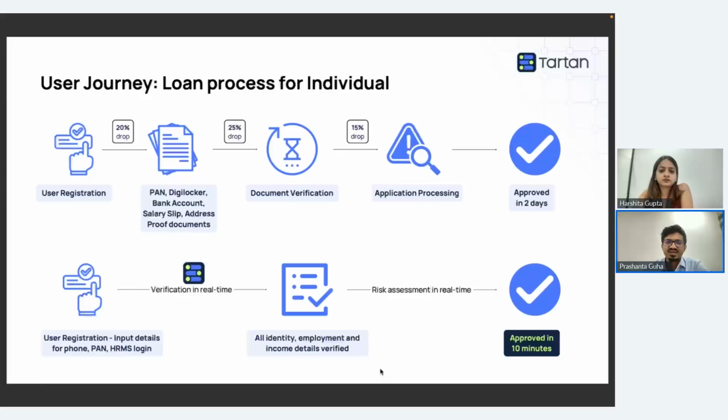The entire process, which was taking about 2 days previously, now takes just 10 minutes. So any fintech or digital lending organization, which takes ages to show the offer, can now instantly show what kind of loans they can offer an individual. Any questions regarding this user flow?